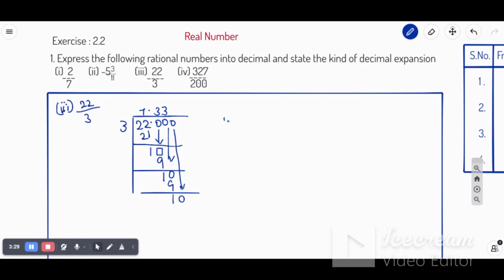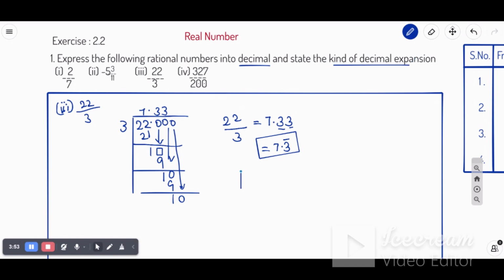So our conclusion will be 22 divided by 3 is equal to 7.33, and it goes on, so you can write it as 7.3 with a bar. Why am I putting the bar here? Because this number 3 is getting repeated. So when converted into decimal, this is your decimal answer. And what is the other kind of decimal expansion?